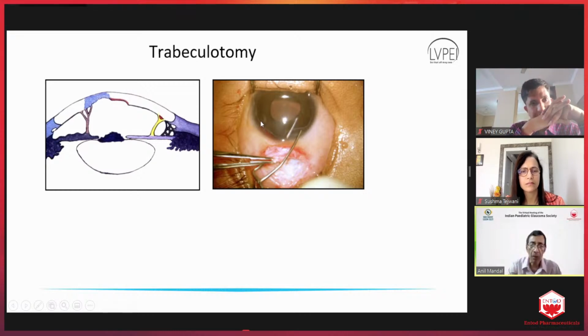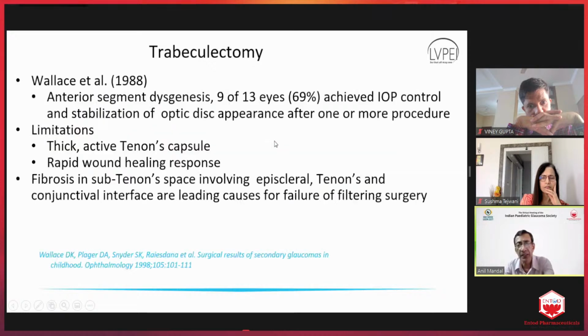Compared to goniotomy, external trabeculotomy is still a possibility, because if you can identify the Schlemm's canal from external dissection, you can probably do the trabeculotomy part. The iridocorneal strands may be stretched, and there may be a stretched appearance of this Schwalbe's line, as you can see here in this picture.